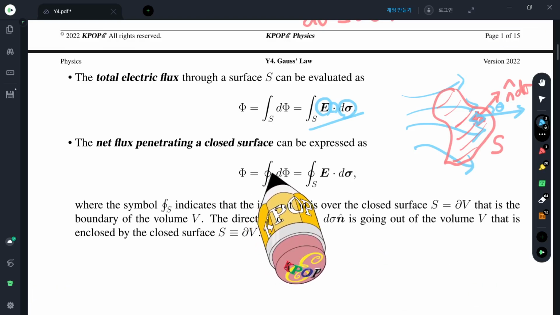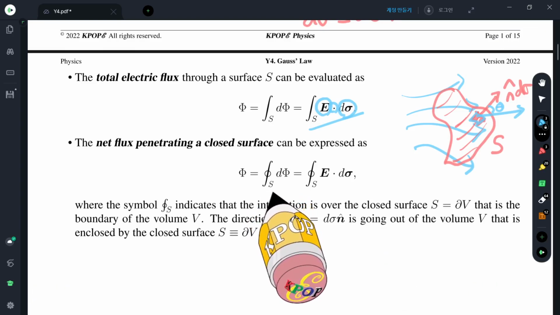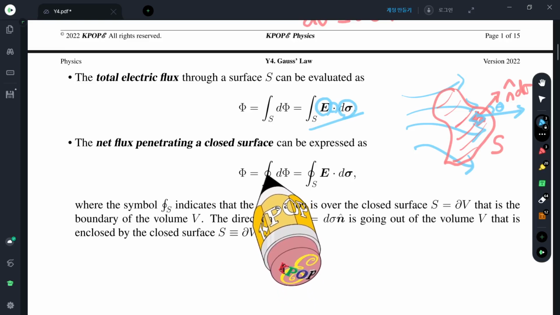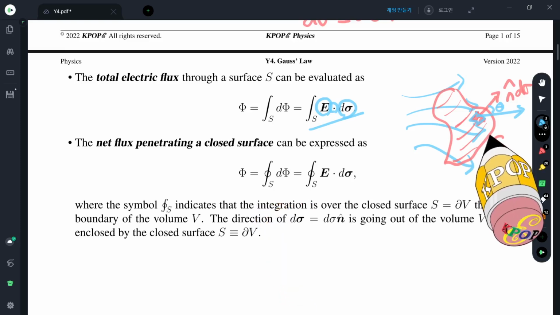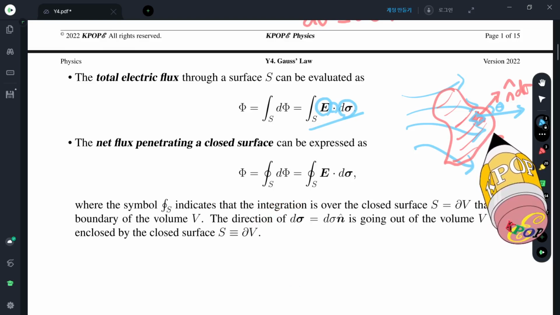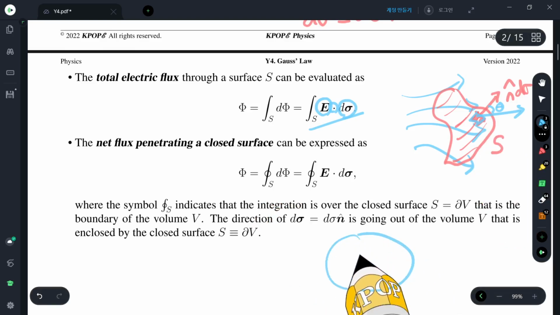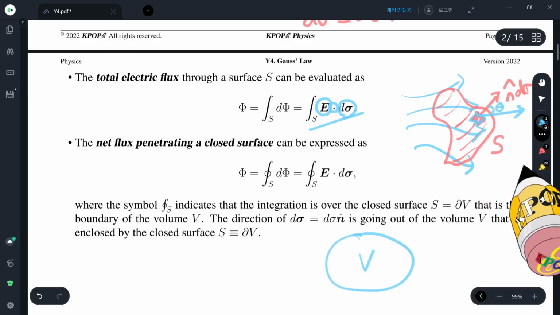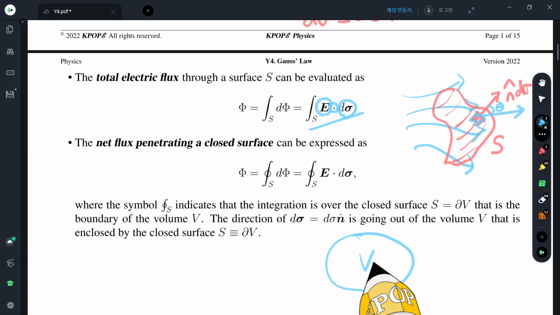Sometimes we use a special notation for the surface integral when the surface is not open but closed. Closed means we have a volume, a simply connected volume that does not have any cavity in it, a filled space.